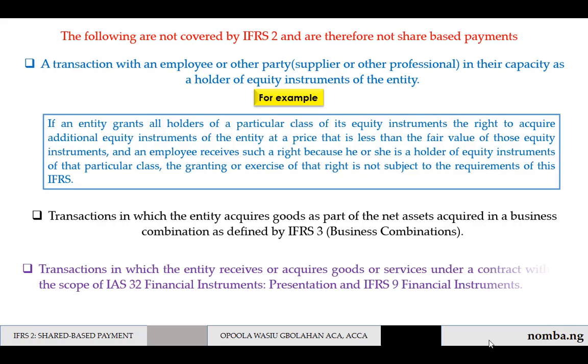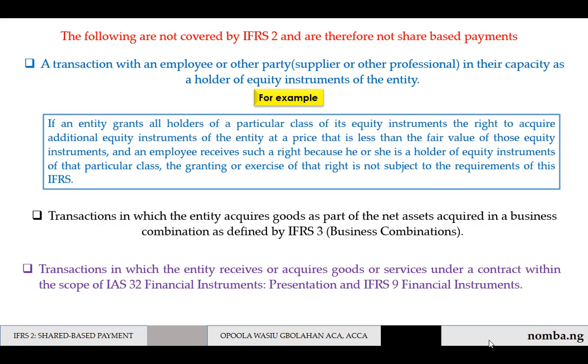Also, transactions in which the entity receives or acquires goods or services under a contract within the scope of IAS 32 on financial instruments presentation and IFRS 9 on financial instruments are not share-based payments.